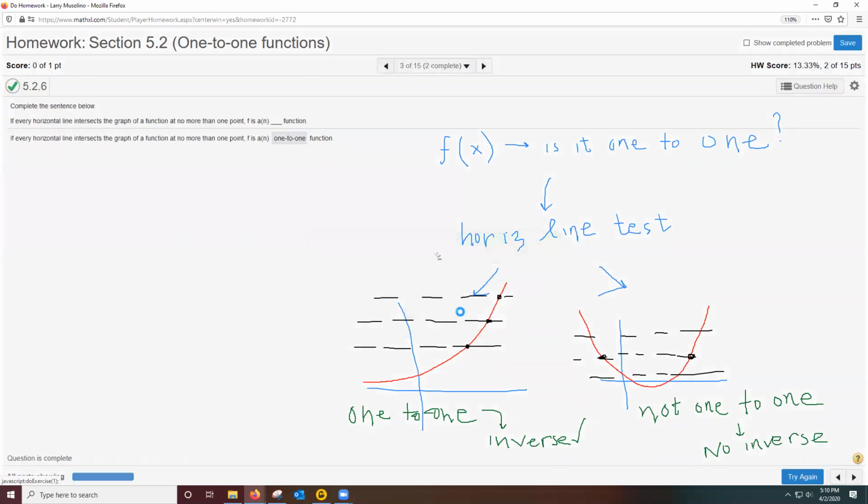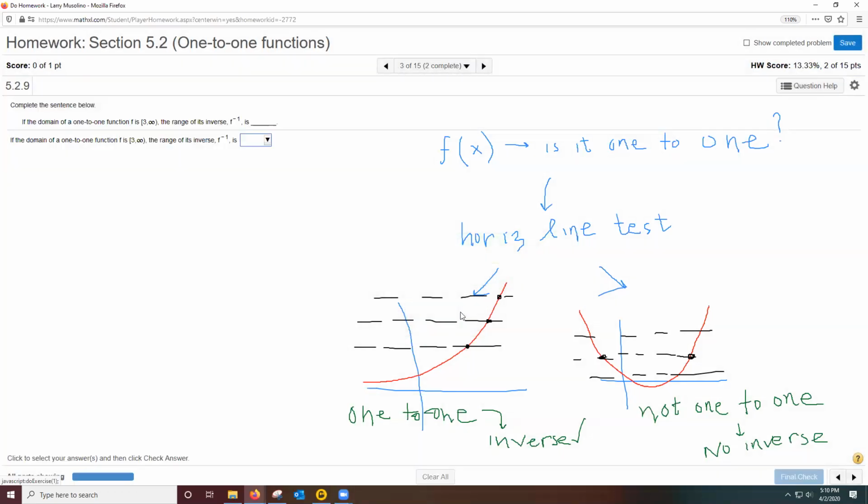All right, let's look at another example here. Now, it turns out for an inverse function, the domain and range swap around. So let me draw a little table here to help illustrate this. So let's say I have a function, and over here I'm going to write its inverse.